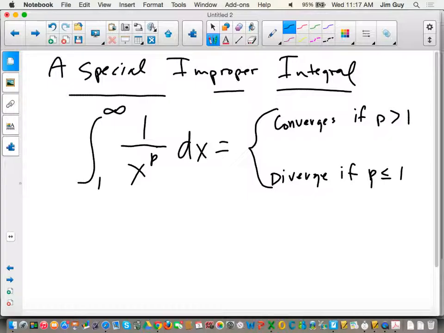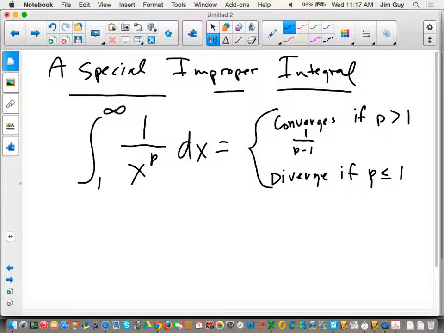Now here's the cool thing. If it converges, you can actually say what the answer is just by looking at it. The answer is going to converge to 1 over p minus 1. So the example I gave you was 1 over x squared, and remember that was 1, because it's 1 over 2 minus 1, or 1.